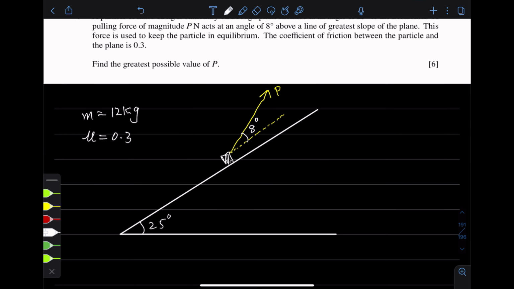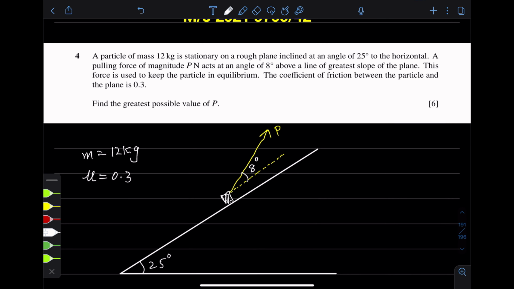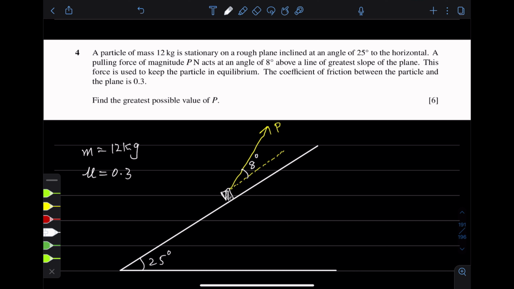Now other forces. This force P keeps the particle stationary on a rough plane. The inclined plane is rough, so there will be a frictional force acting in the opposite direction of the movement of the particle.